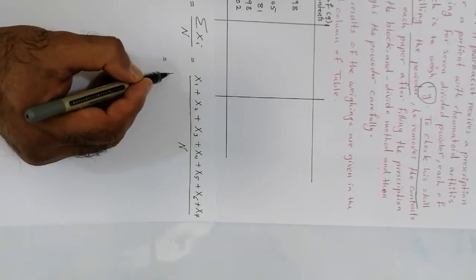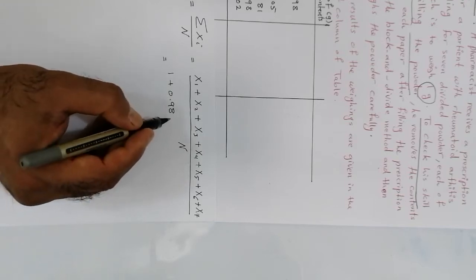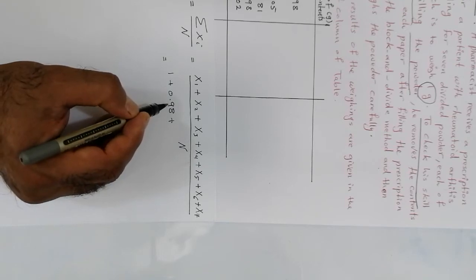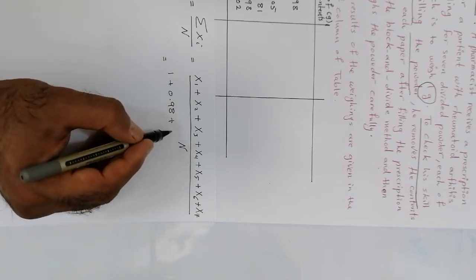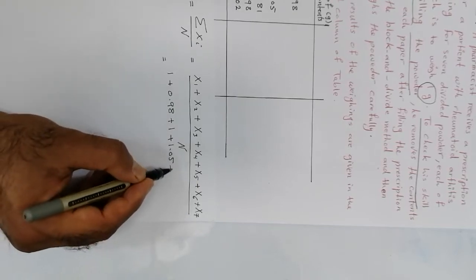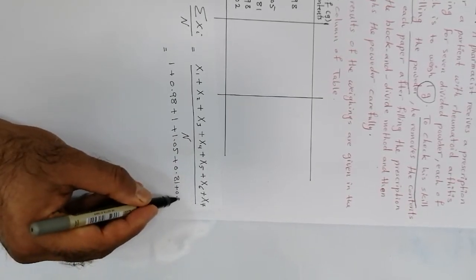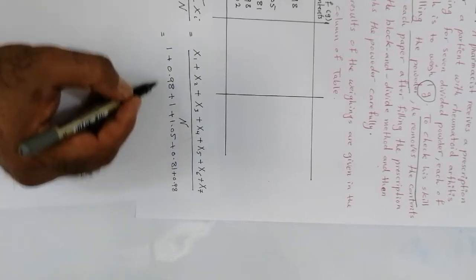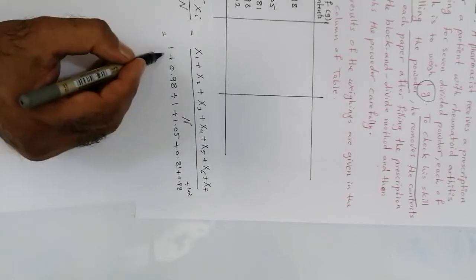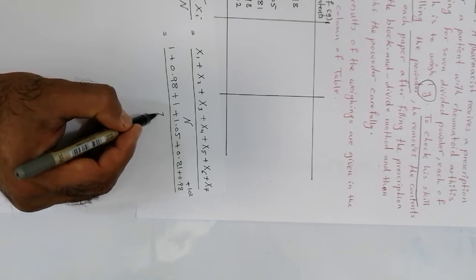Now x1 is 1, plus 0.98, plus 1, plus 1.05, plus 0.81, plus 0.98, plus 1.02, over the number 7.